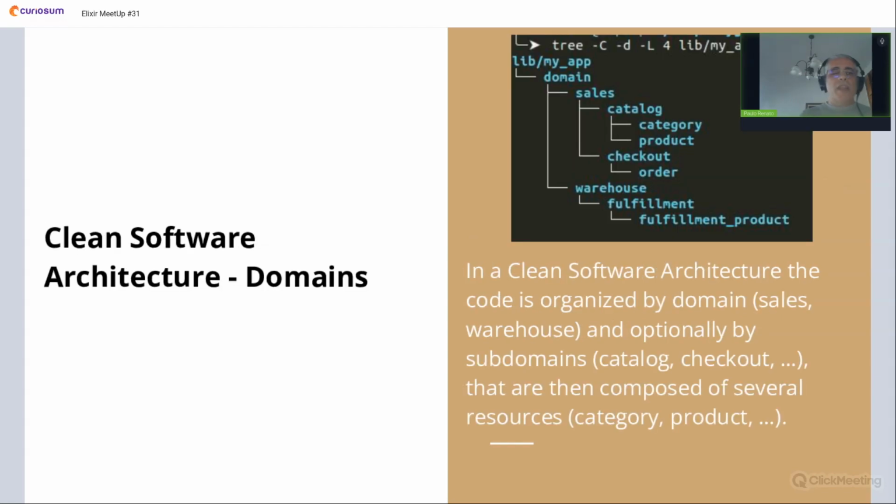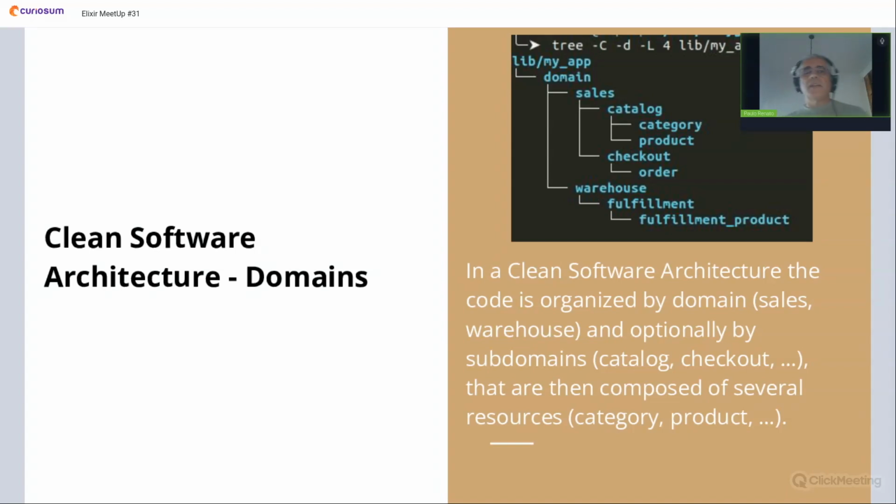So what are domains in a clean software architecture? Let's say, for example, you are building an online shop. You have the domain of sales, and then you have the subdomain of the catalog that includes the category resource and the product resource. And then you have the subdomain checkout that has the resource order and more, because I just simplified it here.